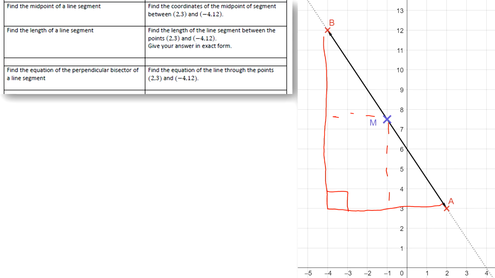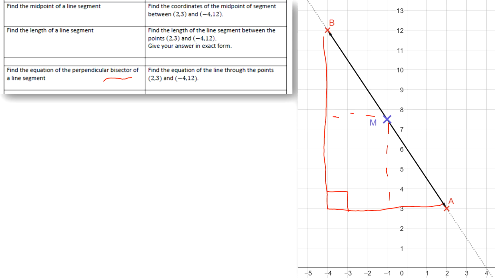In terms of the equation of the perpendicular bisector, that's a useful one because it combines a few previous skills. So I don't want to give too much away in terms of this one, but we've already talked about how we can find the midpoint, and half of what a perpendicular bisector is a bisector. It cuts the thing in half.